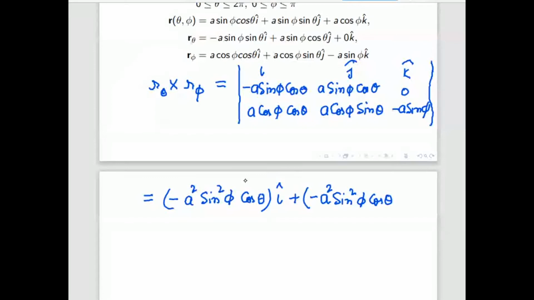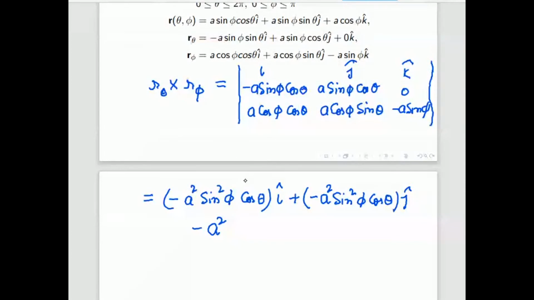And the k component will come. I think I wrote something wrong.